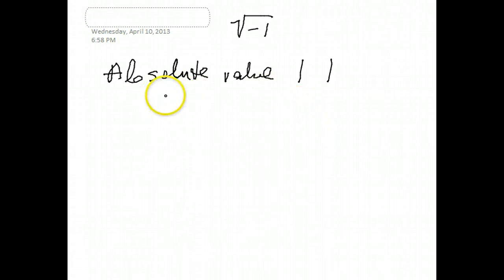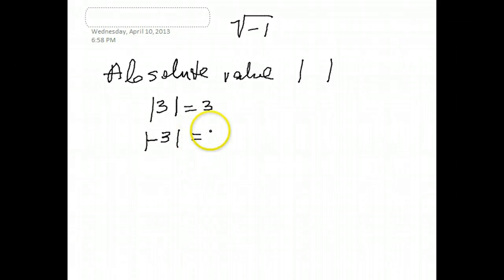So, for example, the absolute value of 3 is 3, because 3 is 3 spaces away from 0. And the absolute value of -3 is also 3, because -3 is also 3 spaces away from 0.